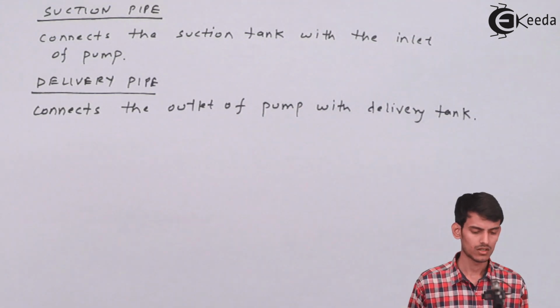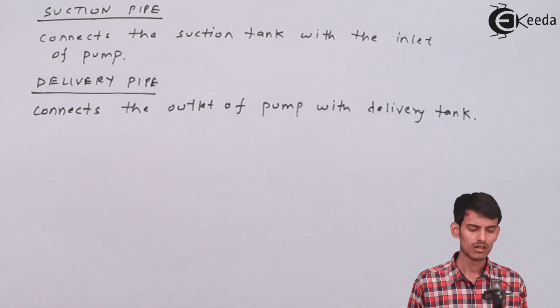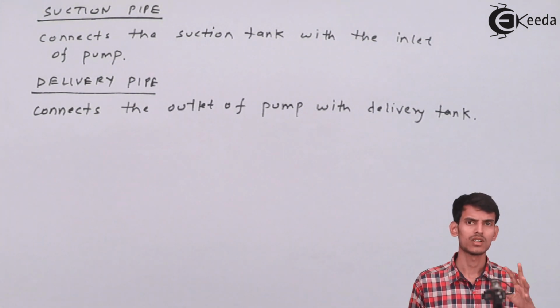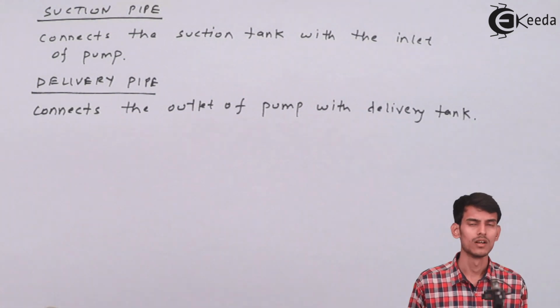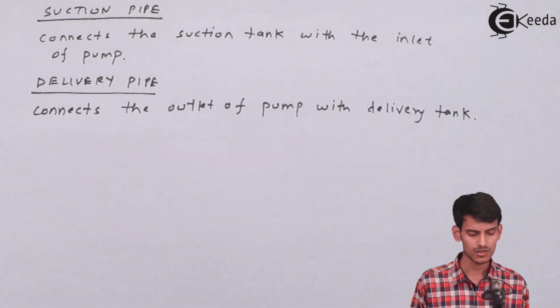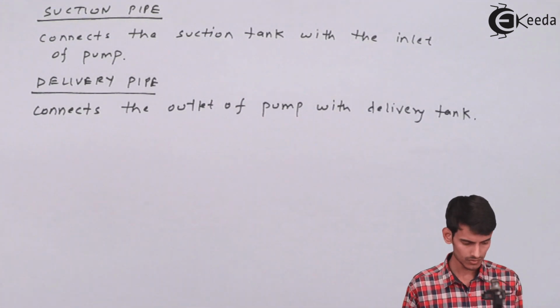So the definition is very simple. There are no types in suction pipe. They're just a pipe, just a connection between the tanks and the pump. So these two pipes just help to connect the pump with the tank. Next is the foot valve and the strainer.